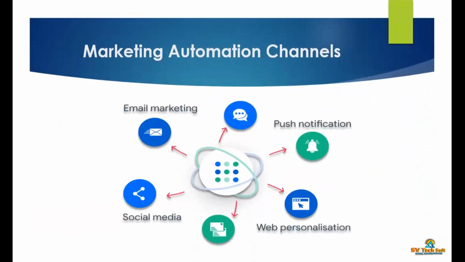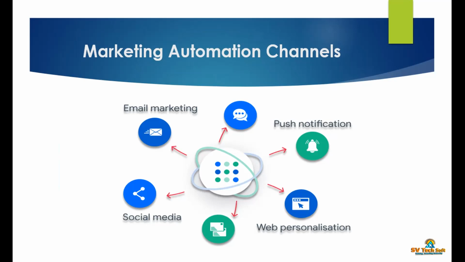So guys, with the help of marketing automation, you can define workflows like we saw in the previous slide, and you will be able to reach customers at the right channel. If your customer wants email, you have to reach via email. At the same time, if the customer wants to get a push notification, you have to reach him via push notification. If the customer wants you to reach on social media, if he has interacted on social media, you should be capable of reading the data about the customer on social media.